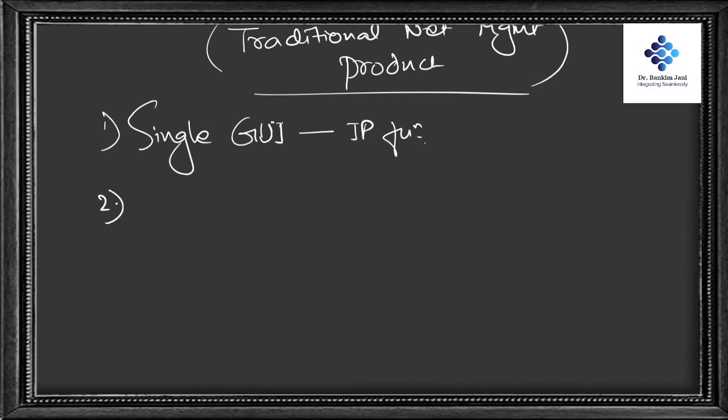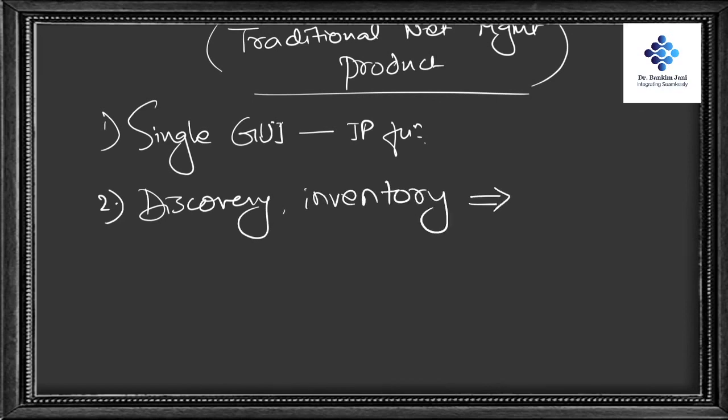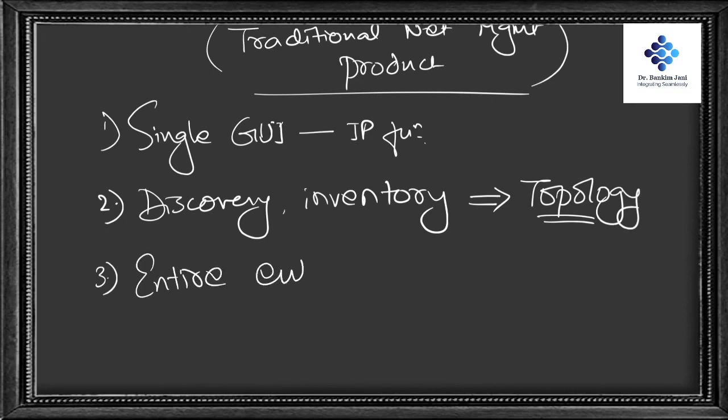Then we have discovery, inventory, and on top of it the topology map. The number of devices which are there would be found by itself, and then the topology map is created. This is effective for the entire enterprise.